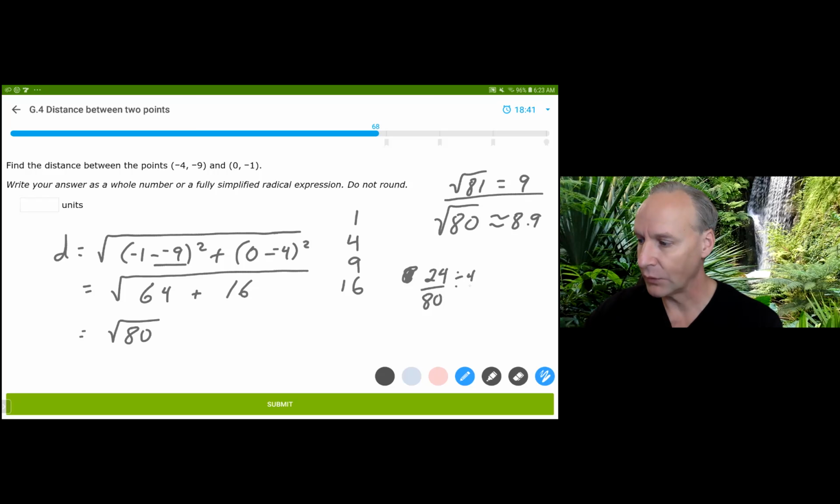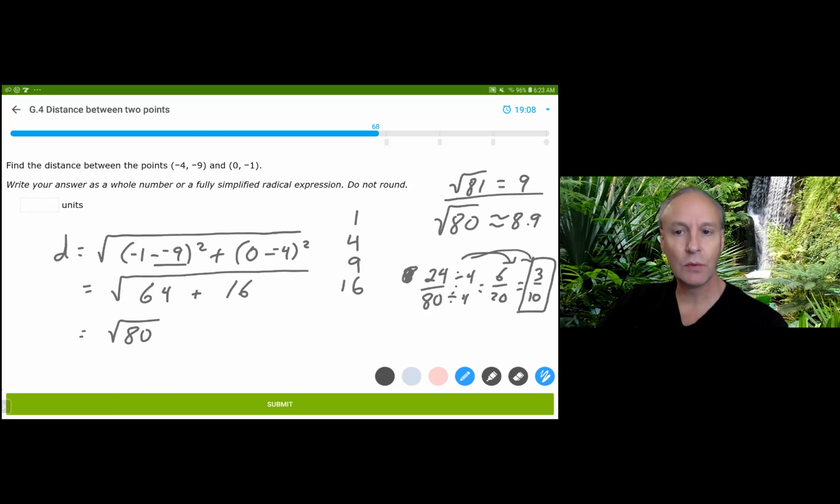You could divide by 4 and divide by 4, and you would get 24 divided by 4 is 6, and 80 divided by 4 is 20. And then you could say, oh, I could divide by 2 more. So I'm going to divide by 2 and get 3. I'm going to divide by 2 and get 10. So this 3 over 10 is the same as 24 over 80. When we reduce fractions, we can do it one step at a time, but you don't want to do that for your radicals. Some people will do it, but I don't recommend it.